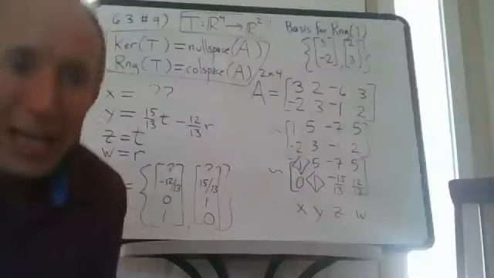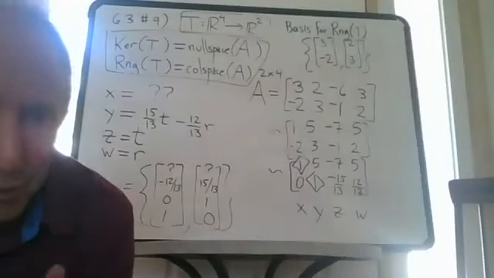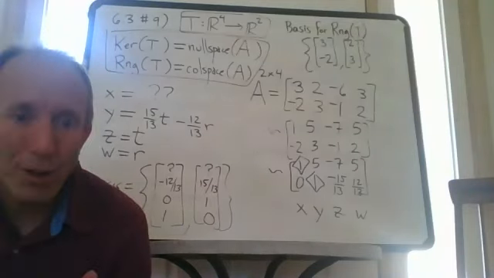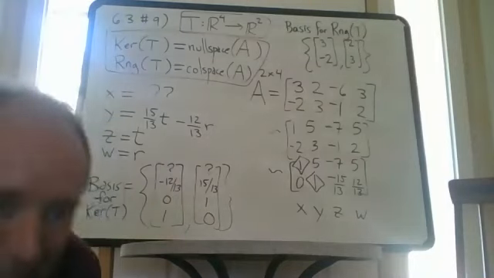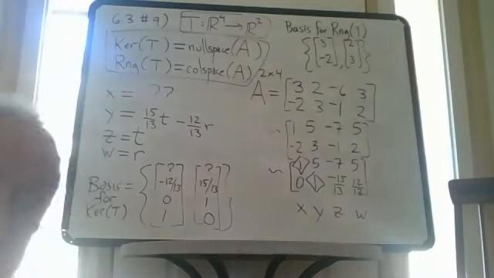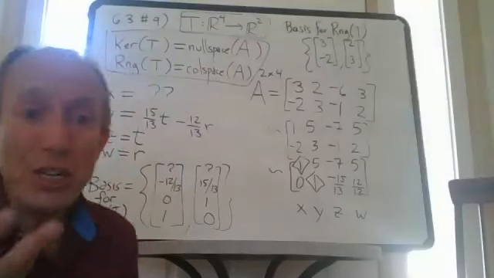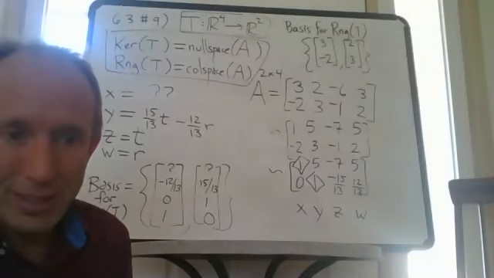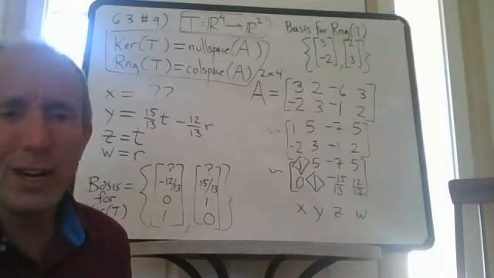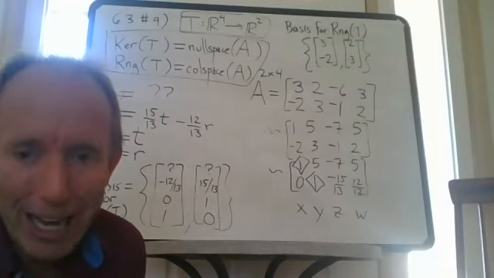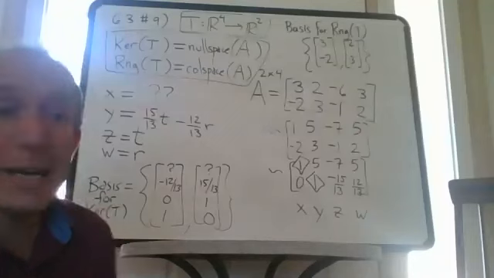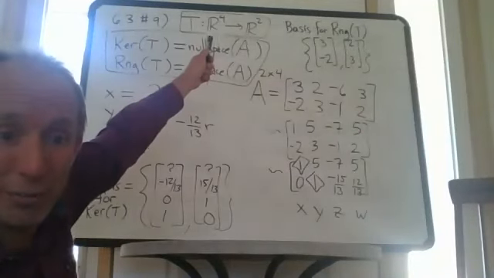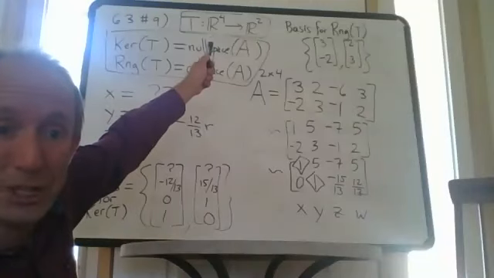I also want to remind you, this is a great chance for me to remind you, the general rank nullity theorem, which you should have watched the video on already, tells us that the dimension of the kernel plus the dimension of the range, which is really just like the nullity plus the rank, if you think about it, has to add up to the dimension of V. So the original vector space R4 is 4-dimensional.